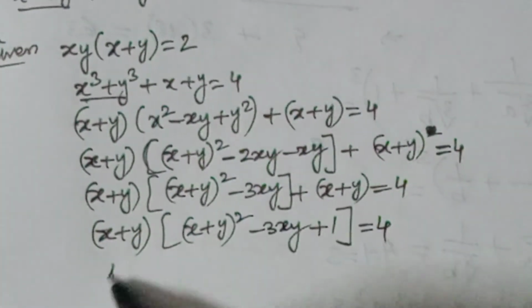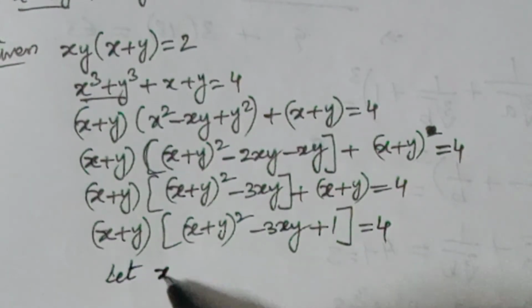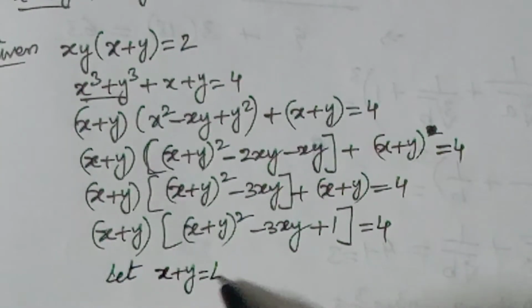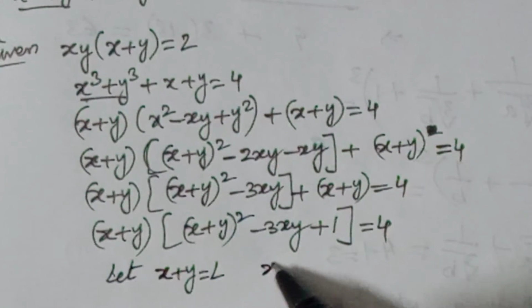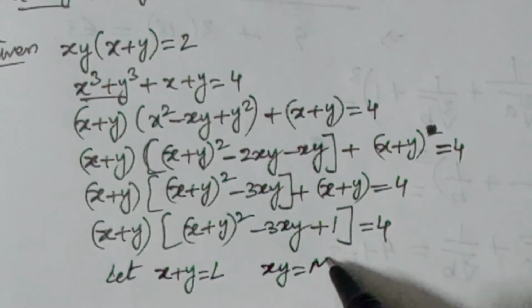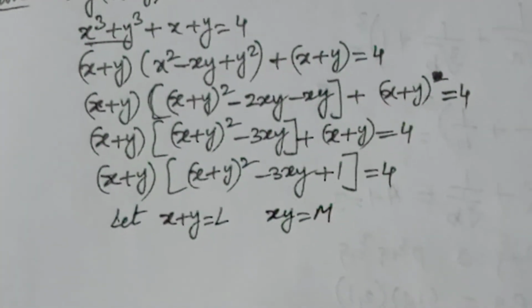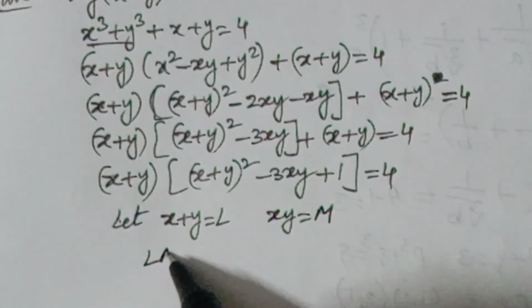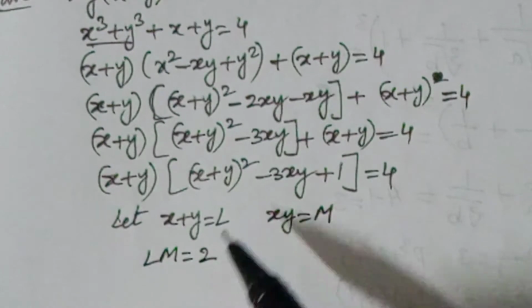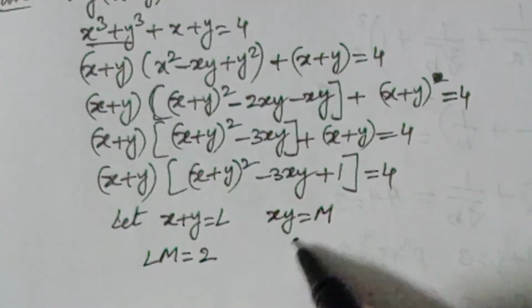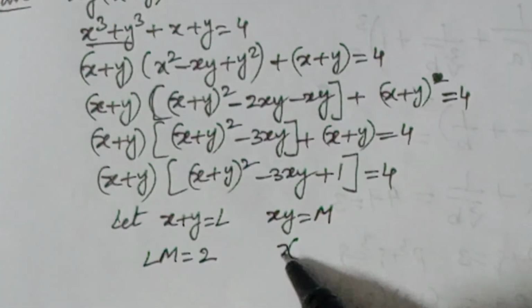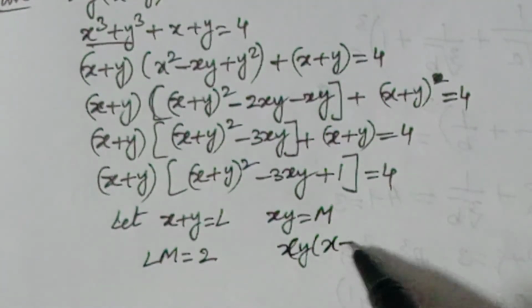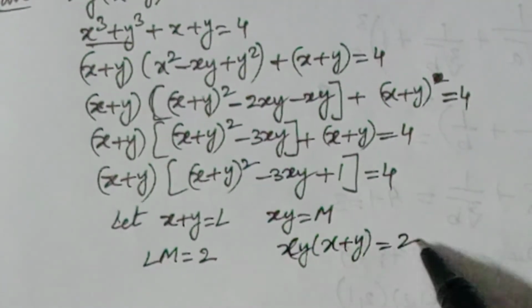So here we will take let x plus y is equal to L and xy is equal to M. So then what is happening here? First equation will become Lm is equal to 2. What is the first equation? xy into x plus y is equal to 2.